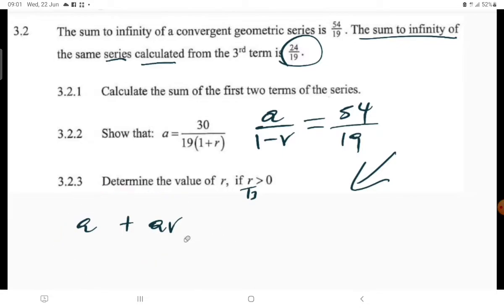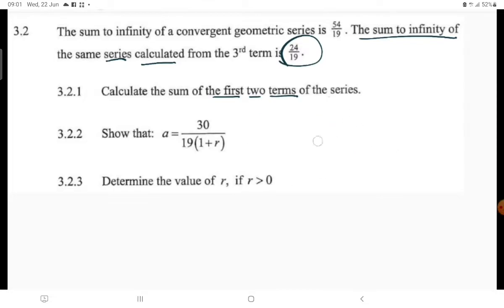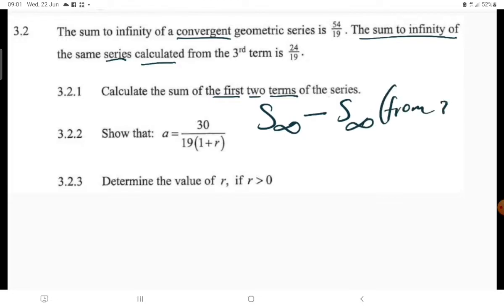So that means they want us now to calculate the sum of the first two terms of the series. So what do we do? We have the sum to infinity, which is the sum of all terms in this convergent geometric series, then minus the terms, because now you are subtracting the sum to infinity from the third term.